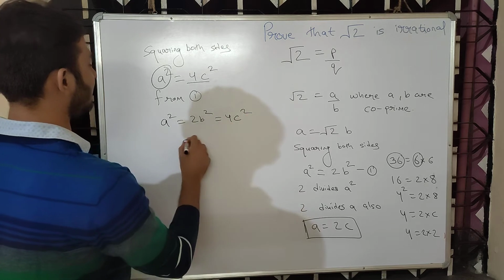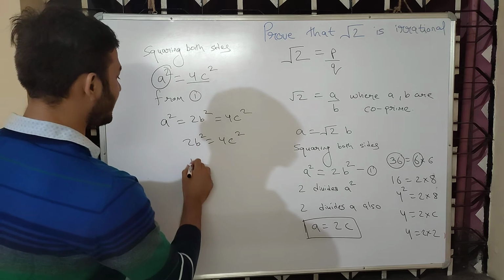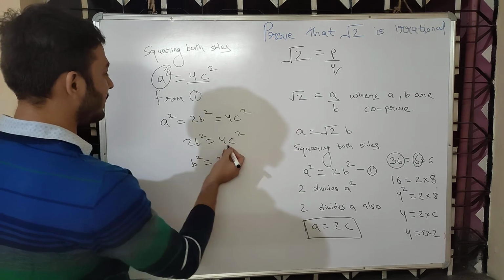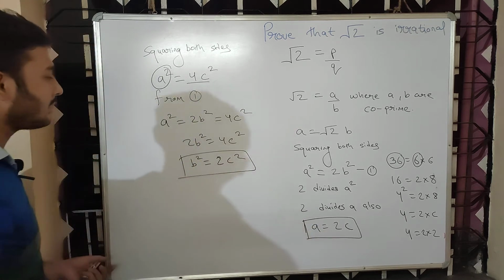So 2 b square equal to 4 c square. So b square will be equal to 4 c square by 2, this 2 will come here, so it will be equal to 2 c square. Now see the magic.